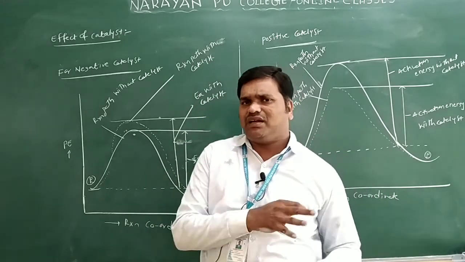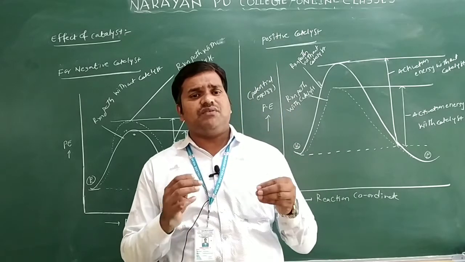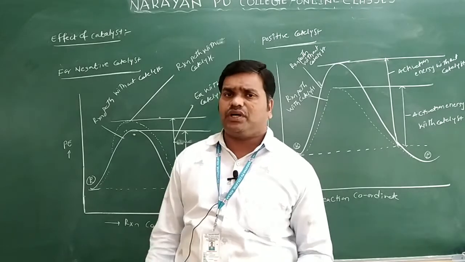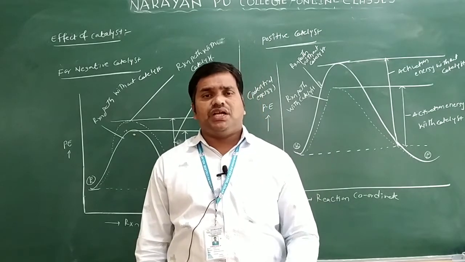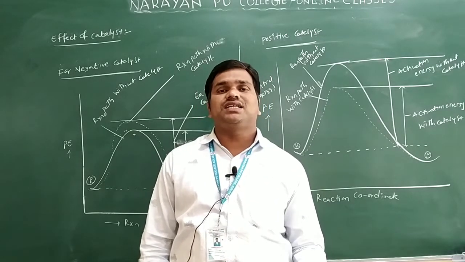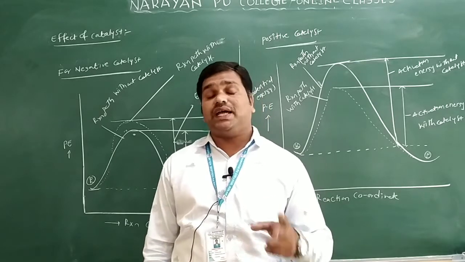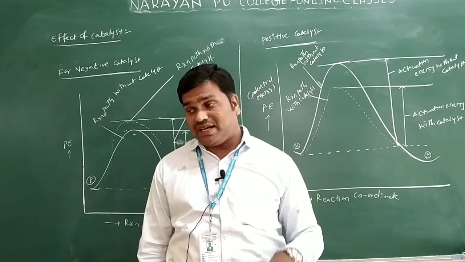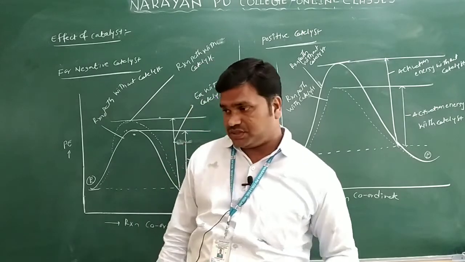But in the exam they do not ask negative or positive, they ask what is the effect of catalyst on the rate of reaction. You write one point: a catalyst is a substance which increases the rate of reaction by decreasing the activation energy. Very important diagram, that is what I told. The effect of catalyst on the activation energy diagram, you can practice it. They ask it in the board exam for 2 marks.